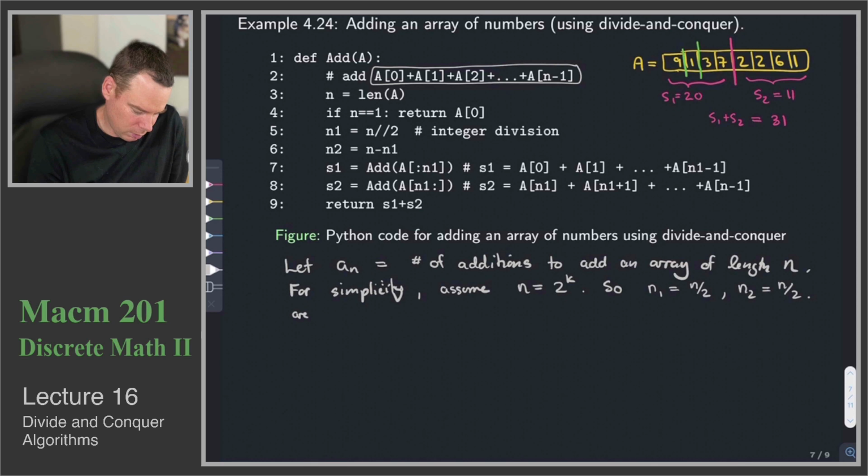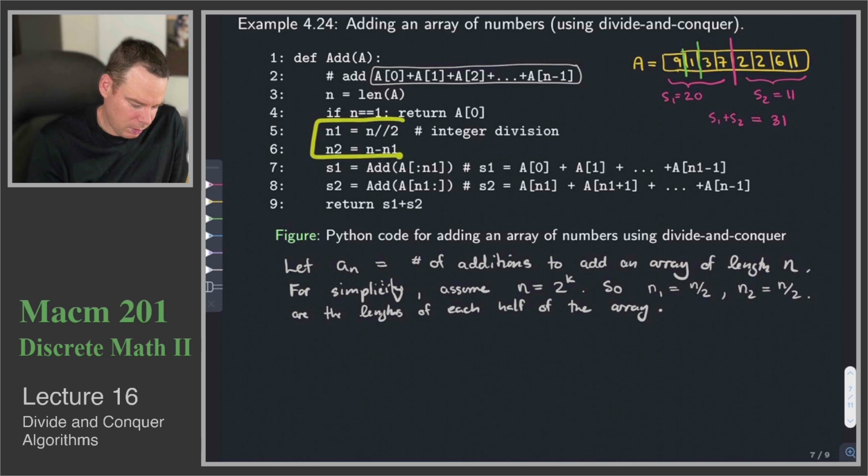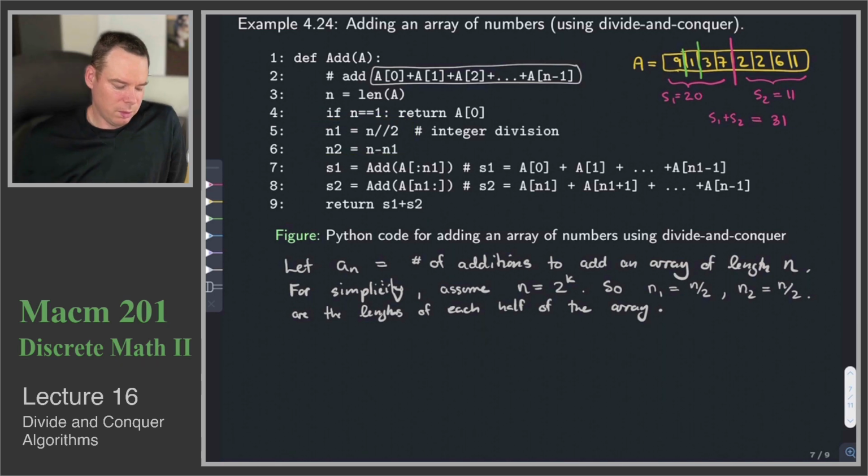So these are the lengths of each half of the array. N1 and N2 are the lengths of each half that we are then going to sum individually. And for simplicity, we'll make those n over 2, both of them.